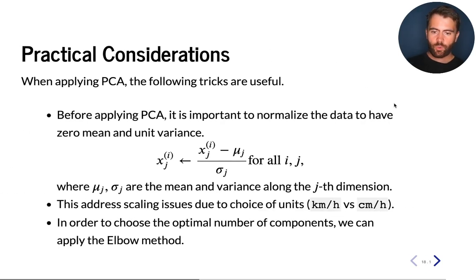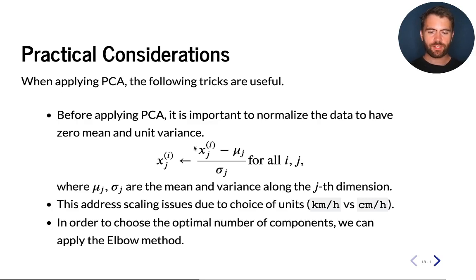Now, when applying this algorithm, there are a few practical considerations worth keeping in mind. The first is one to which I alluded earlier: when applying PCA, it's important to normalize the data to have zero mean and unit variance.